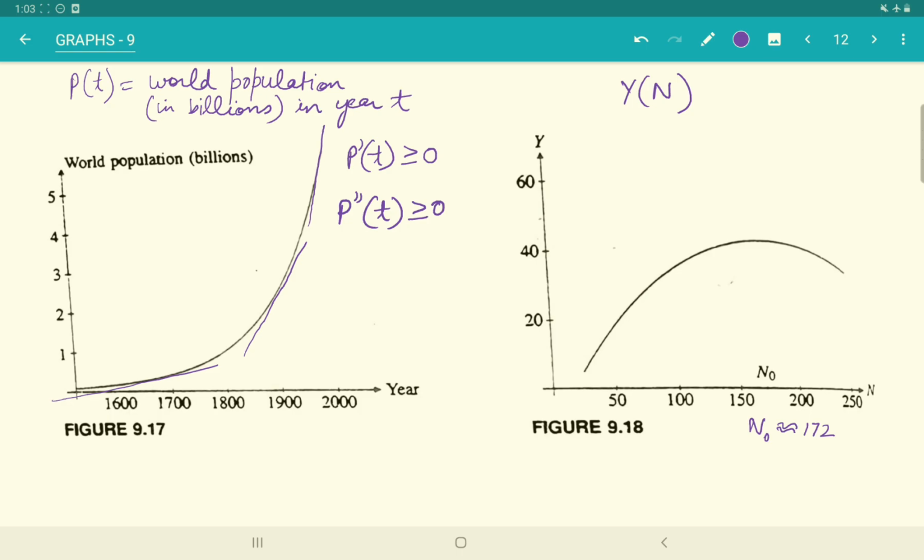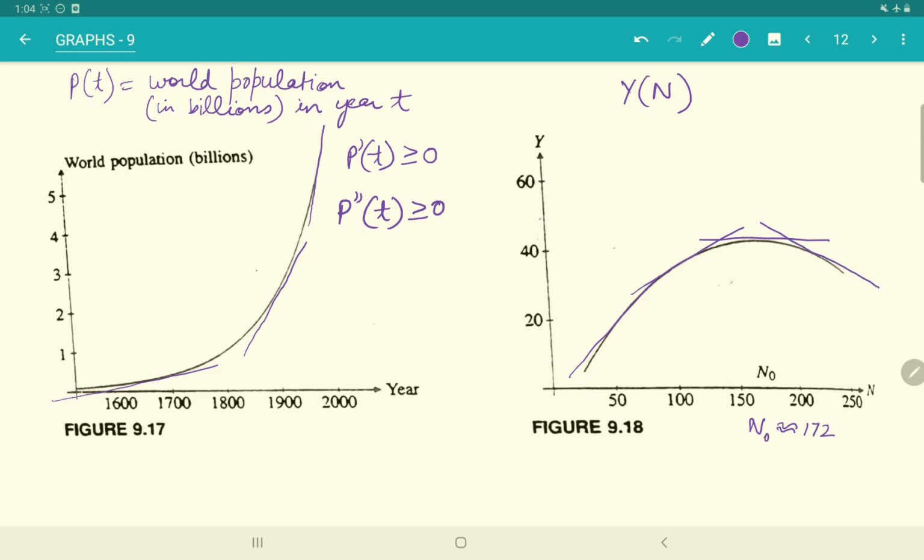Just looking at the way it is shaped, we see that it is bulging out from the x-axis, and surely it is concave. But now let's understand why it is concave. We know that if n is less than n naught, and when I say it is concave, that just means that the slope of the tangent to the graph of the function keeps on decreasing.